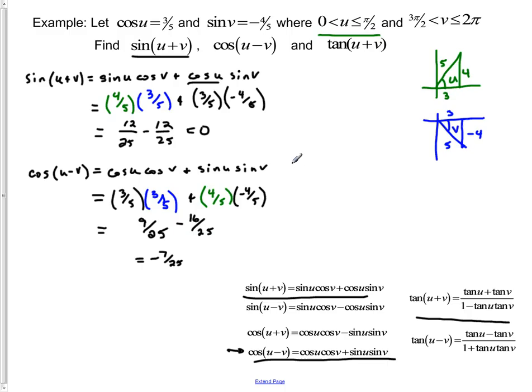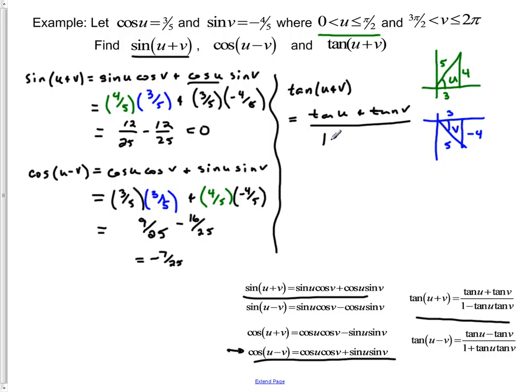Well, for tangent of u plus v, we're going to get, I'll try and write it over here, tangent of u plus v is found to be the same as the tangent of u plus the tangent of v divided by 1 minus the product tangent of u times tangent of v. All right, so we need to make substitutions in here.